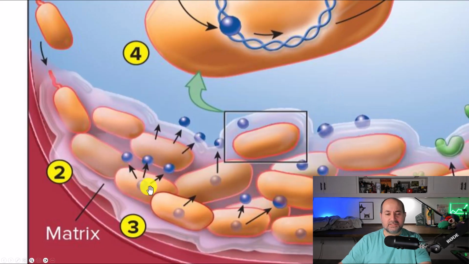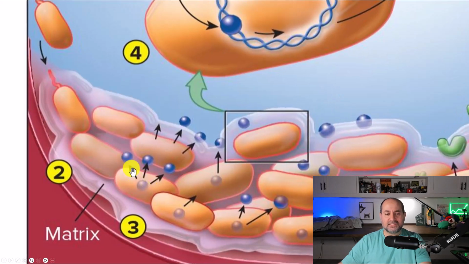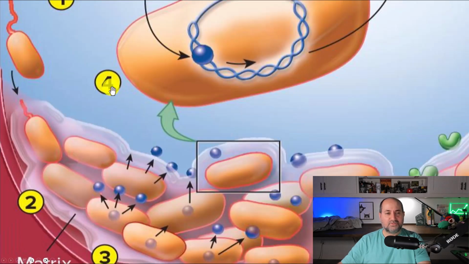Step 3. Each one of these microbes releases a molecule, depicted here as a blue circle. These blue dots represent what are known as quorum molecules. And these quorum molecules build up in concentration. The more bacteria are in this biofilm, the more quorum molecule builds up. Step 4.